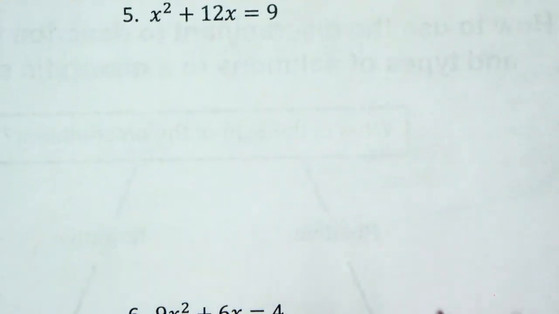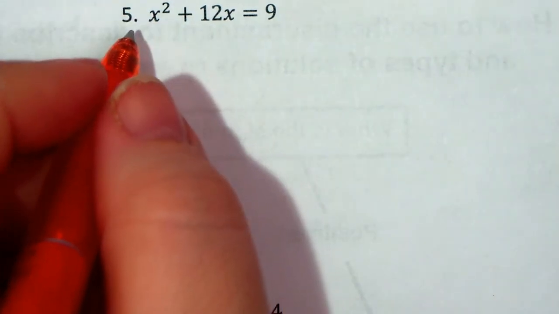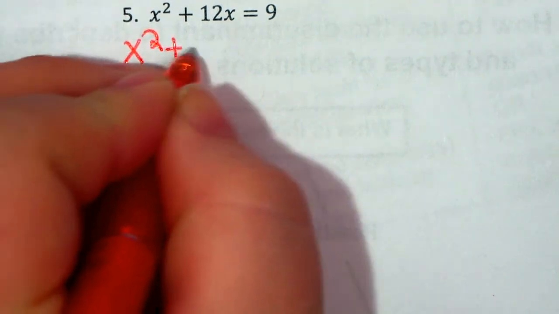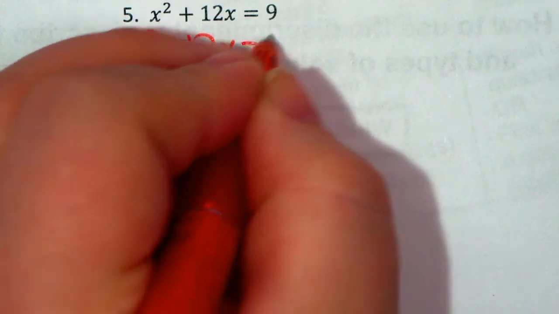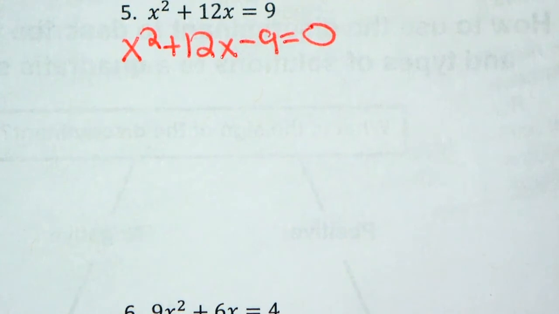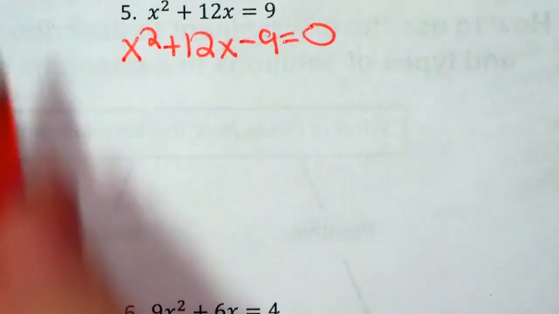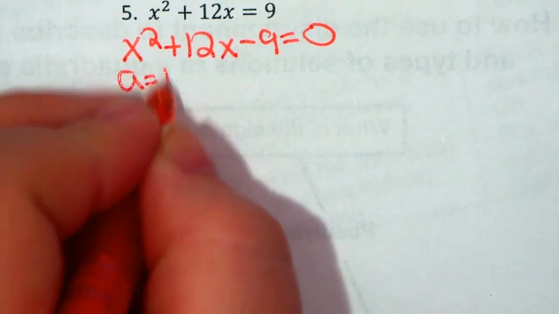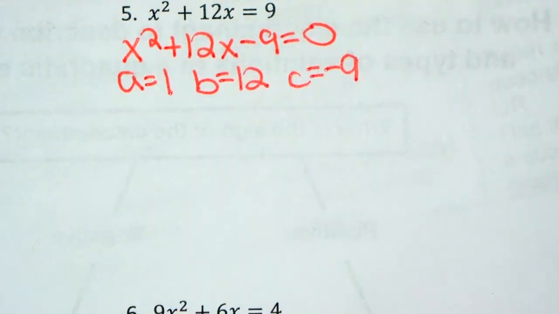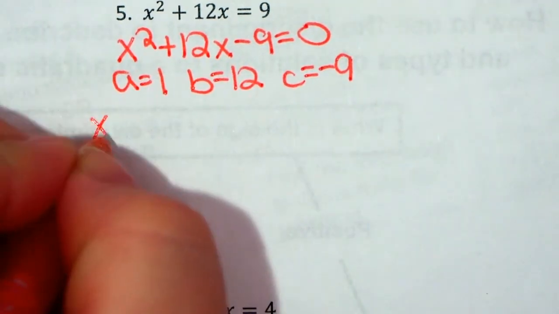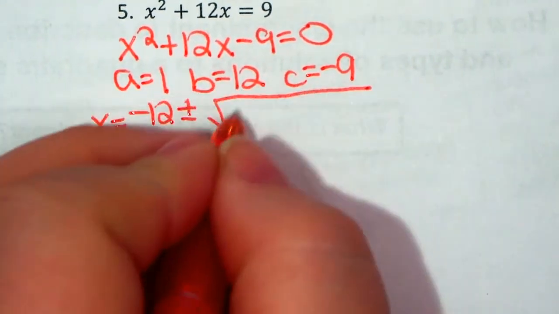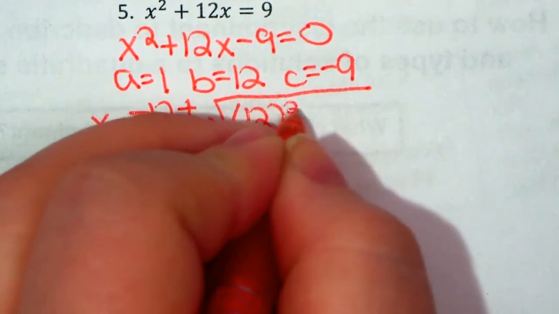Number 5, we'll subtract 9 from both sides. So a equals 1, b equals 12, c equals negative 9. x equals negative b plus or minus the square root of b squared minus 4ac all over 2a.